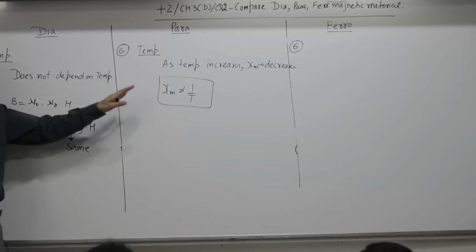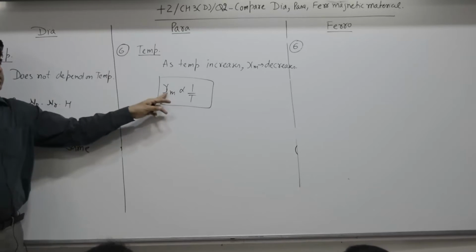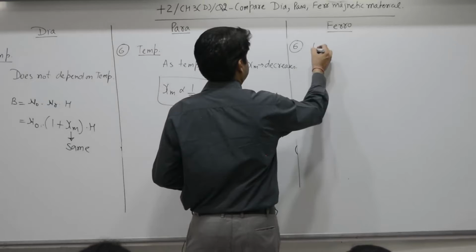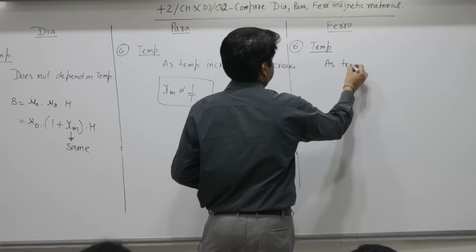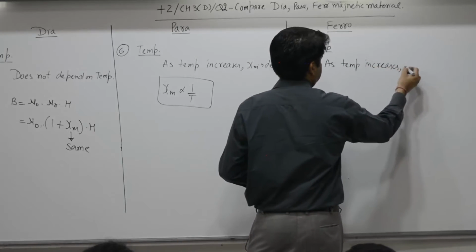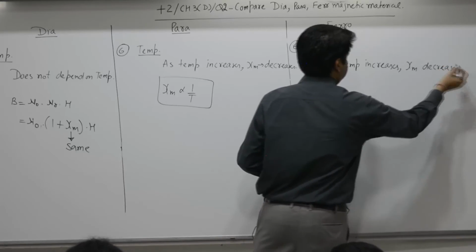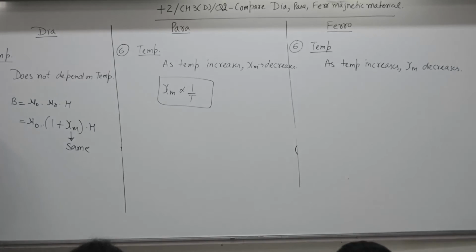If you heat a magnetic material, that is para, as temperature increases, susceptibility decreases. Here also you can write that with temperature increase, susceptibility decreases. Reasons to be discussed in detail in other questions.